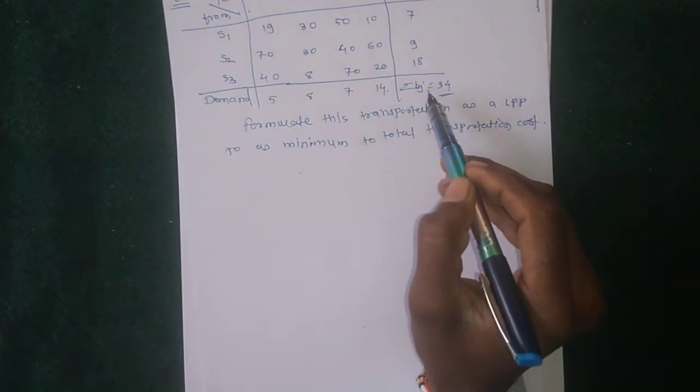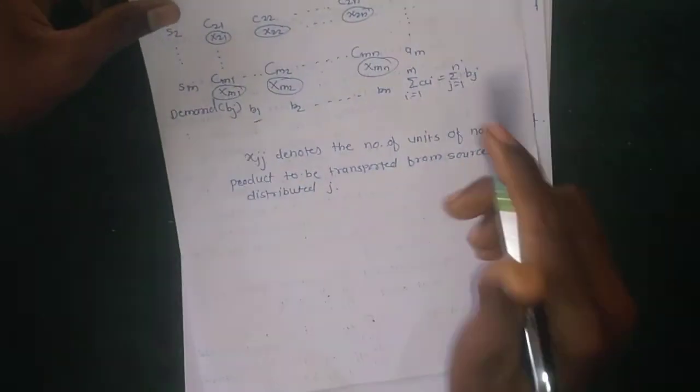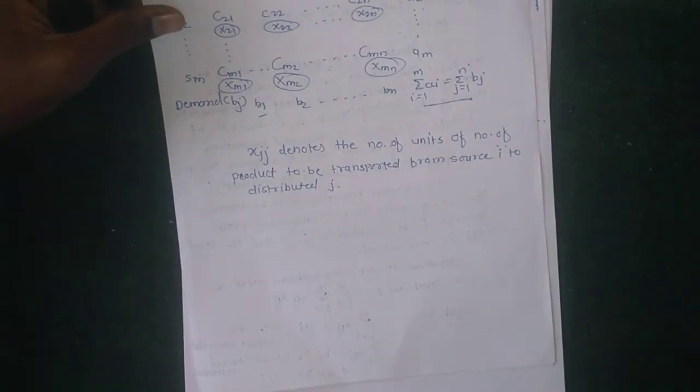So total supply is equal to total demand.